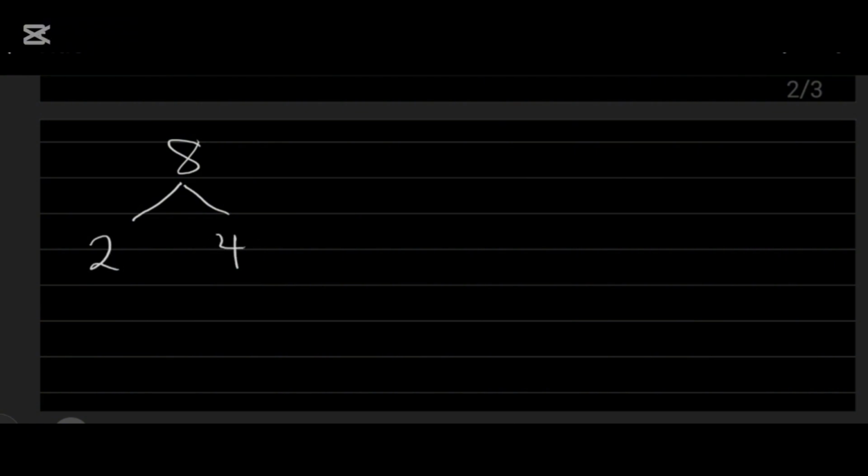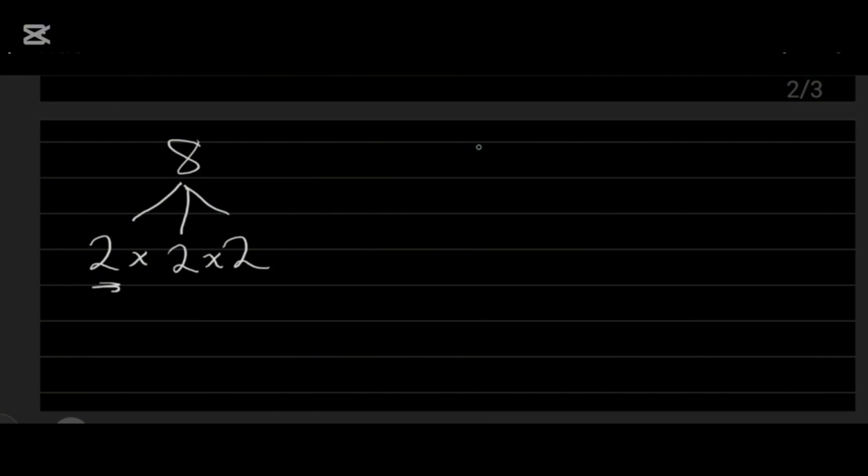First, 2 is a prime number, but 4 is not a prime number, so we have to break down this one also. 4 itself is the same as 2 times 2, if you can remember, which means instead of 4 I can simply say 2 and another 2, because 2 times 2 times 2 is 8.